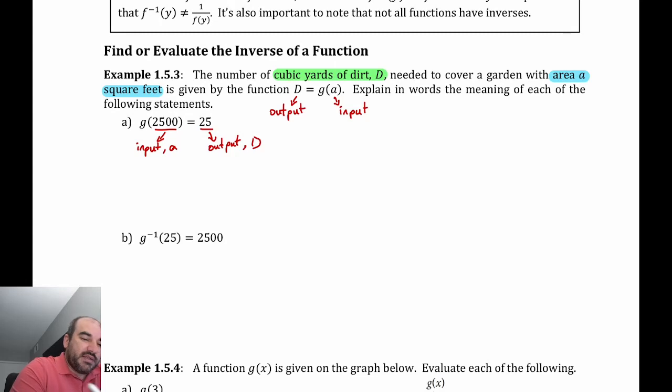So we can write a sentence about what this expression means in terms of cubic yards of dirt and area in square feet of the garden, right?